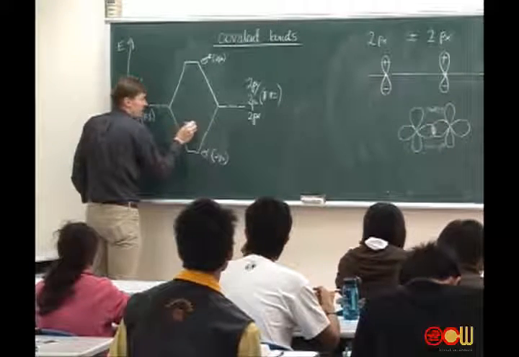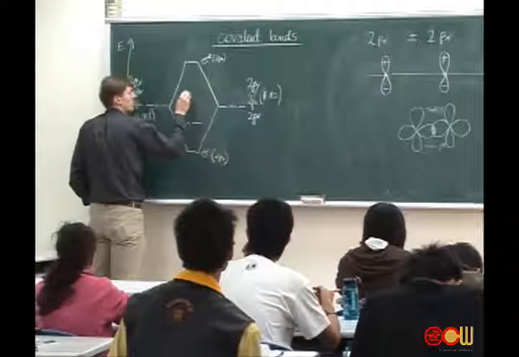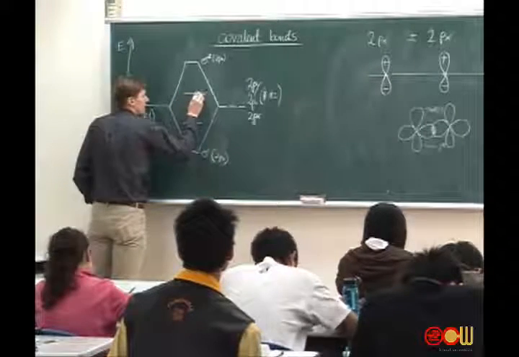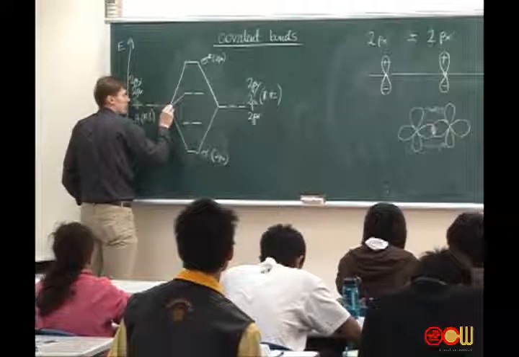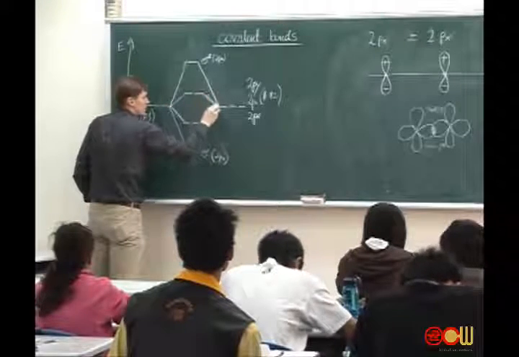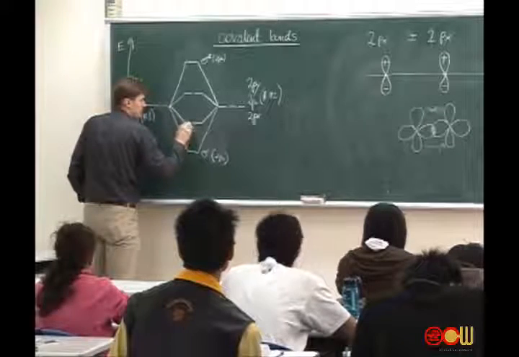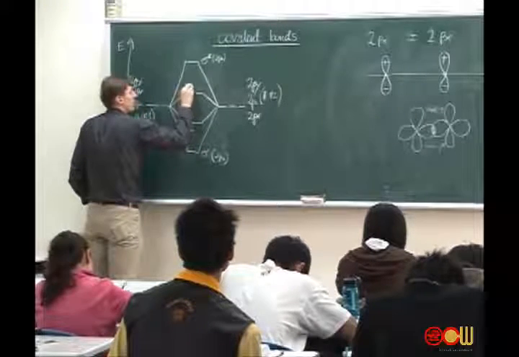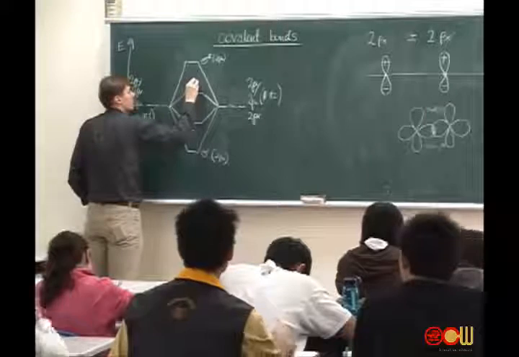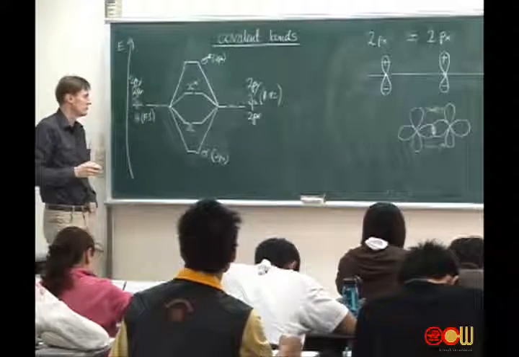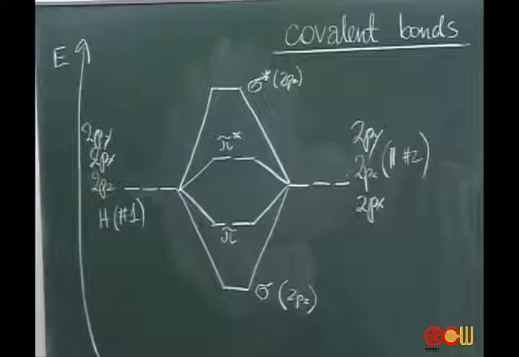Px makes a pi bond and py makes a pi bond. Px makes a pi antibonding, py makes pi antibonding. So you have here pi and pi antibonding. So this is the energy diagram for chemical bonds originating from 2p orbitals.